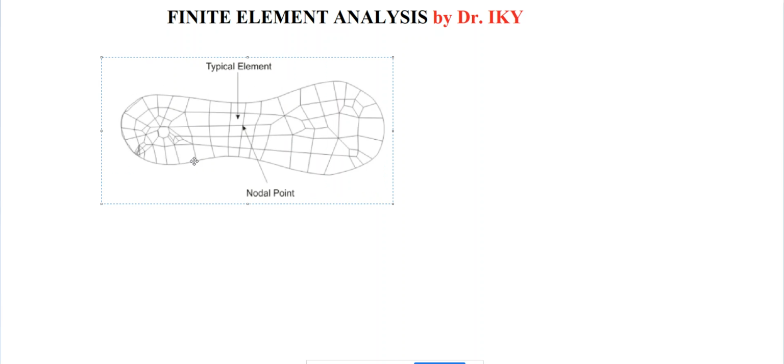This is a weird model, so I try to make a mesh, but if you leave it to software, it will create something like that, composed of generally quadrilateral elements. Maybe it can again be composed of triangular elements, etc. It's up to the computer software.